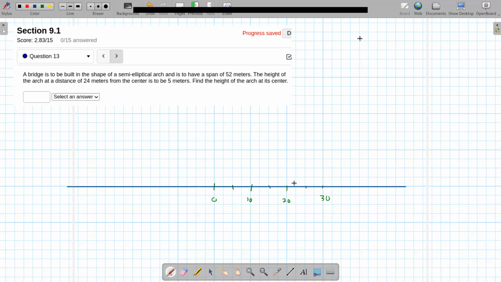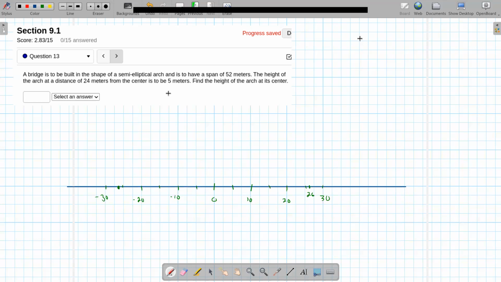And we are at 26. It's just going to be about here. So then the other way, 5, 10, 15, 20, 25, 30. So about here-ish is the other part.